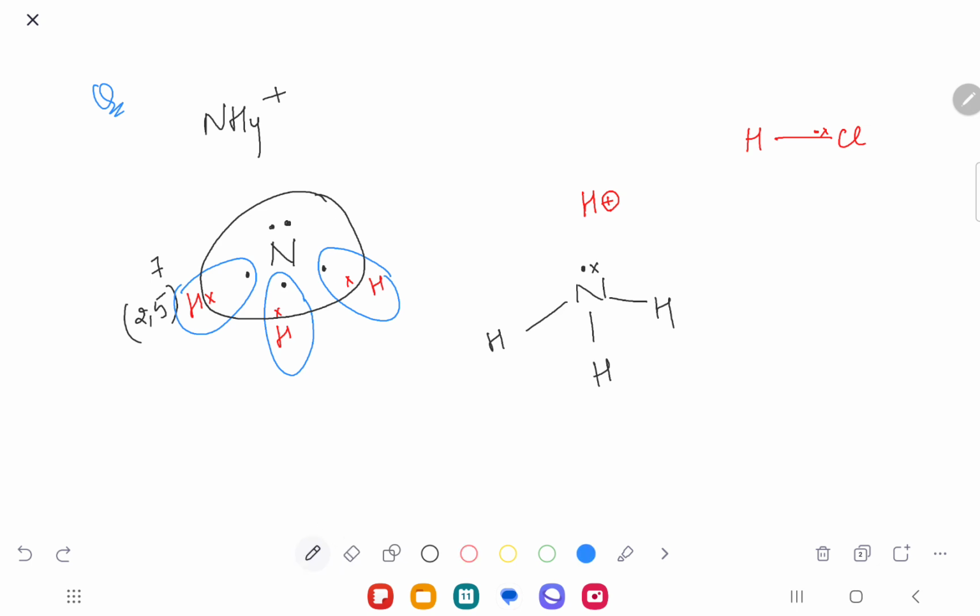The bond breaks because chlorine is more electronegative, so both electrons are pulled towards chlorine, which acquires a negative charge, and H becomes H plus.